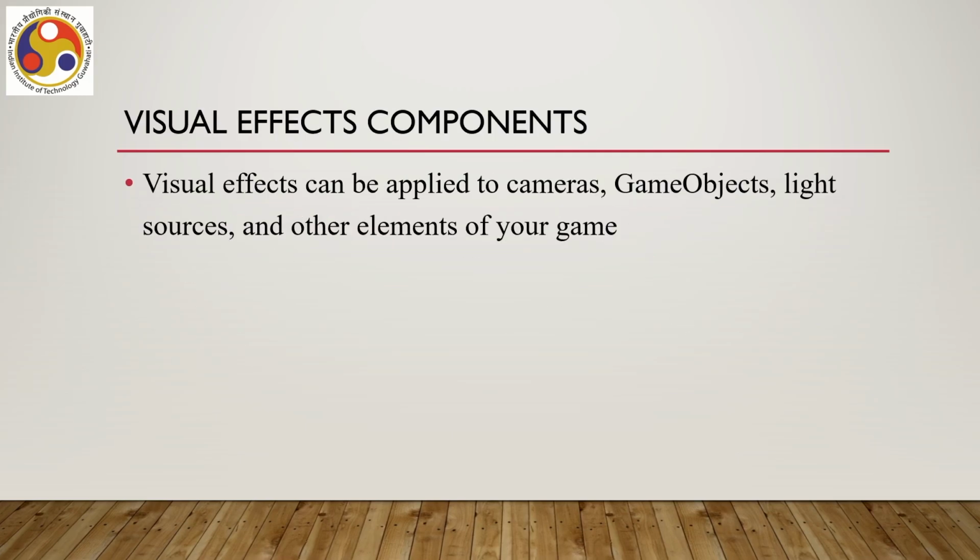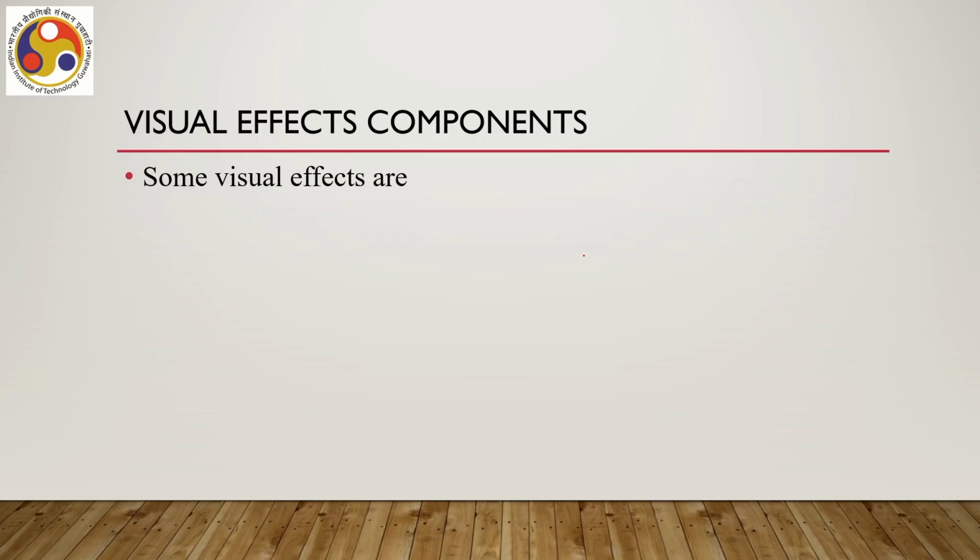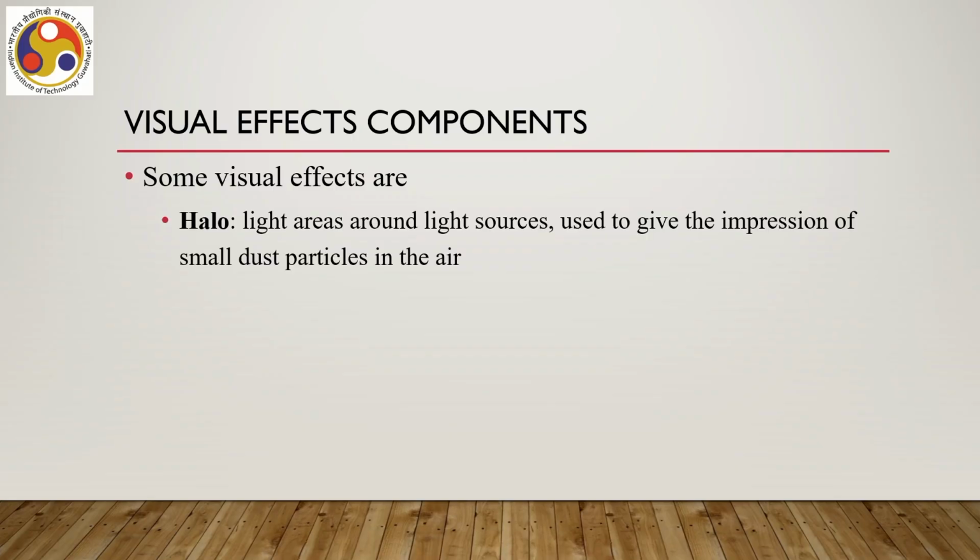Now, there are several visual effects that can be applied to camera, game objects, light sources and other elements of the game. Some of those visual effects are, say, halo effect, where the light areas around light sources can be created. Typically, such effects are used to give the impression of small dust particles in the air.